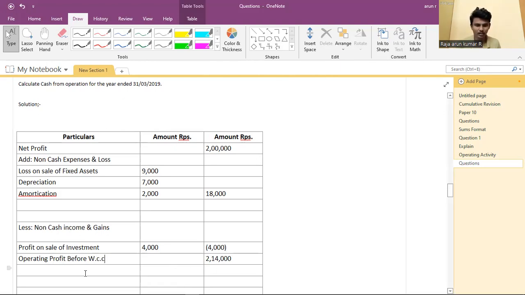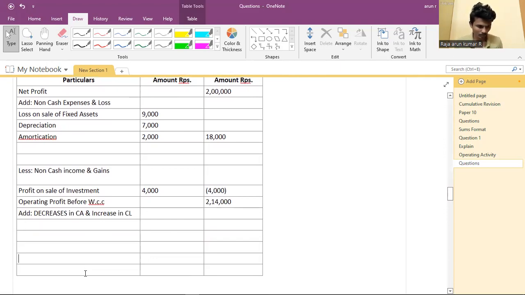Okay, for these working capital changes, we do that. Add decreases in current asset and increases in current liability.